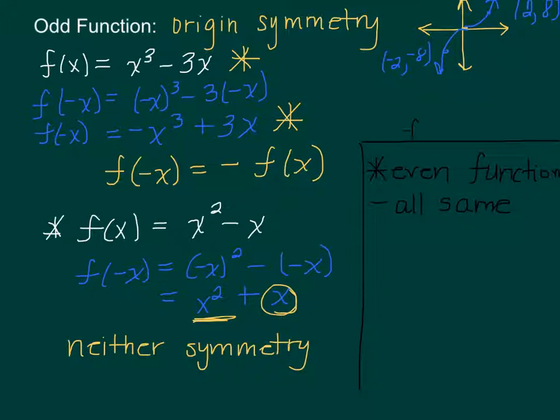That means when you do f of negative x, odd functions, all signs change, and neither, signs flip-flop.